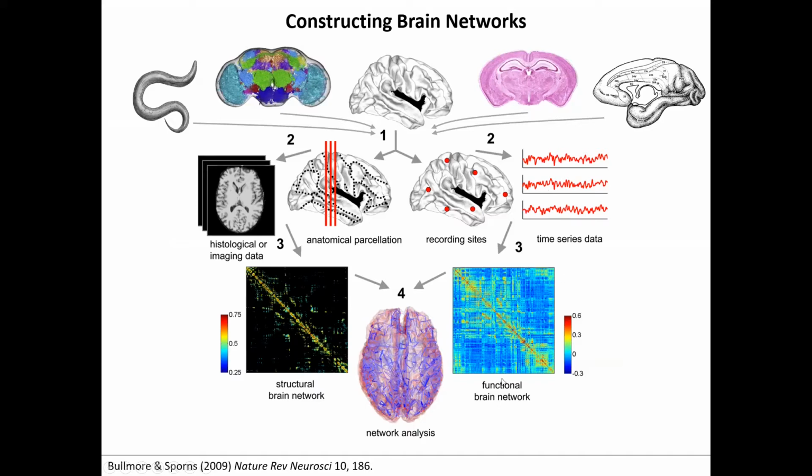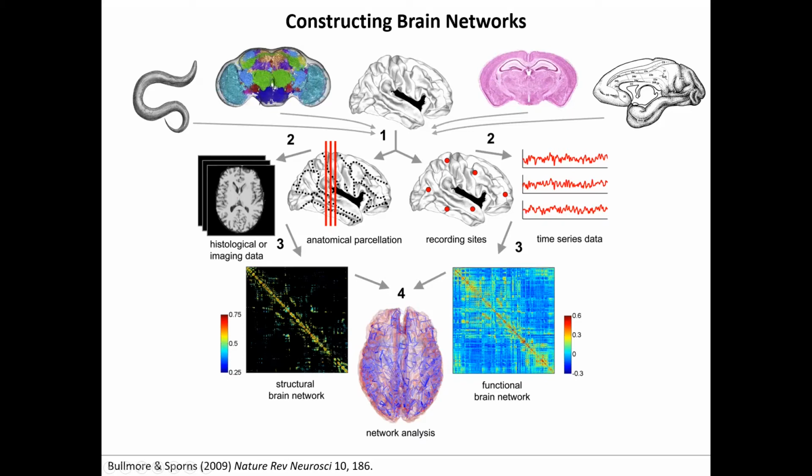The outcome of that in the domain of human neuroimaging very often is as simple as a correlation matrix, literally a Pearson correlation of time courses that are measured with, for example, non-invasive fMRI recordings. And this correlation matrix has fundamentally different properties than a sparse matrix derived from histology or anatomy.